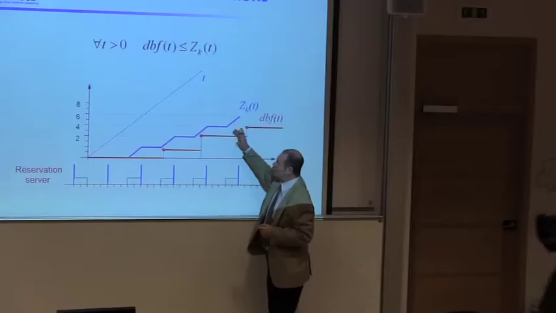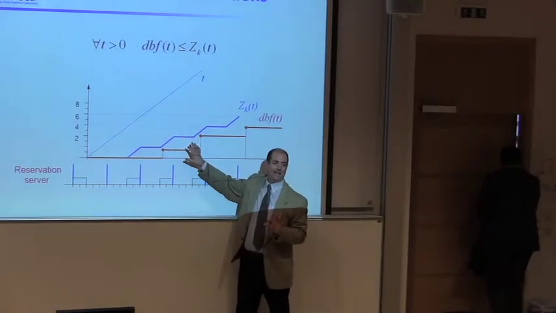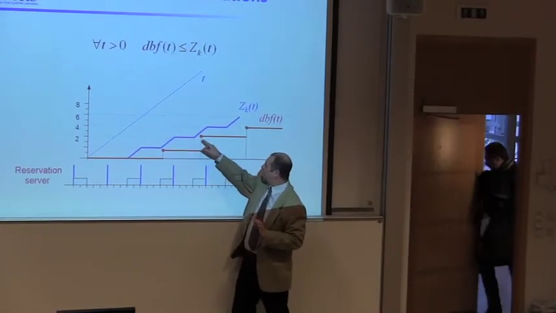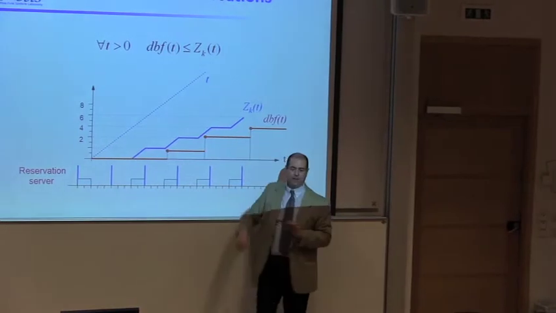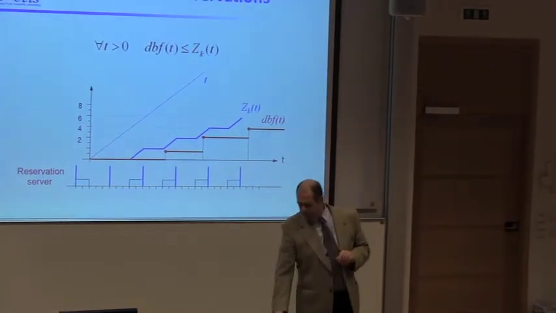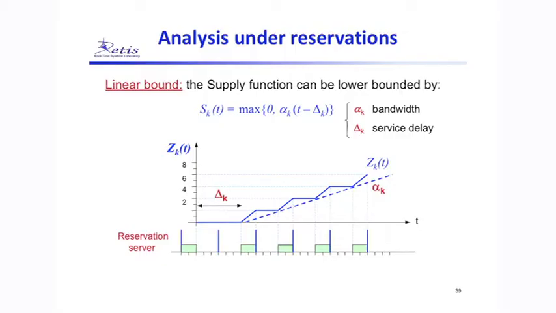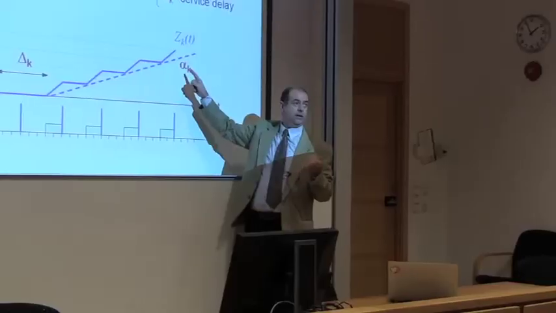Well, this is the exact analysis. Since the exact analysis may be too complicated, some people prefer to simplify this strange function with a much simpler function, which is a linear function characterized by an additional parameter delta, which is the maximum delay I told you before, and the bandwidth alpha we allocate.